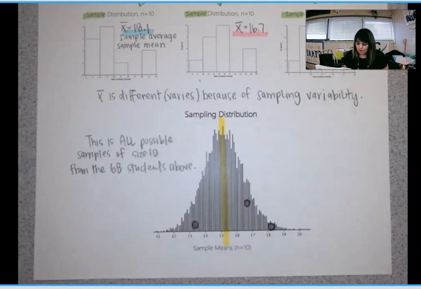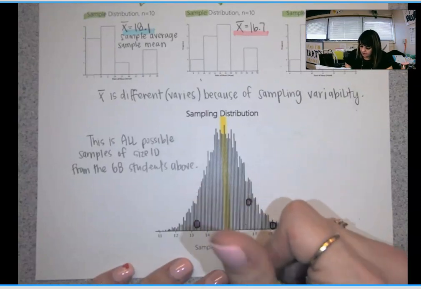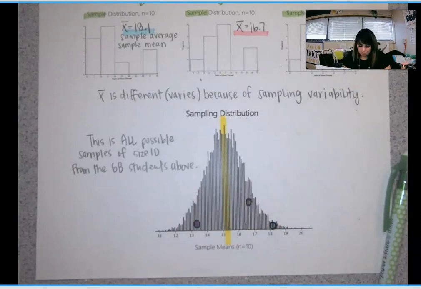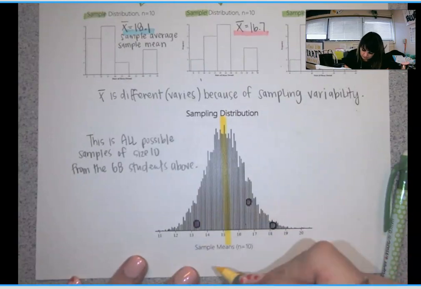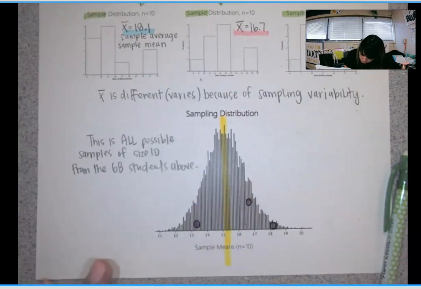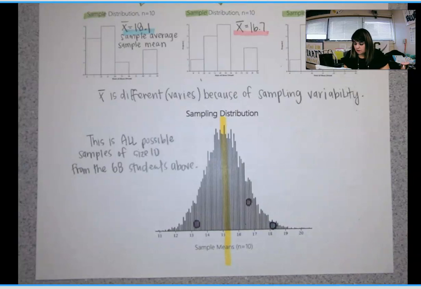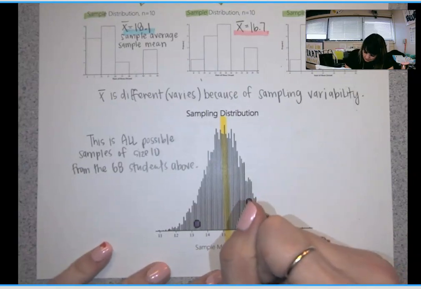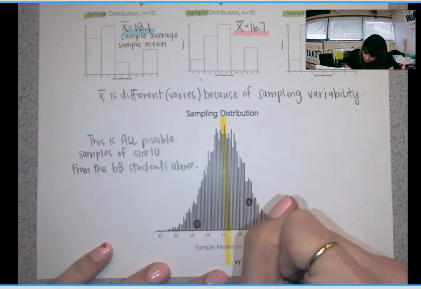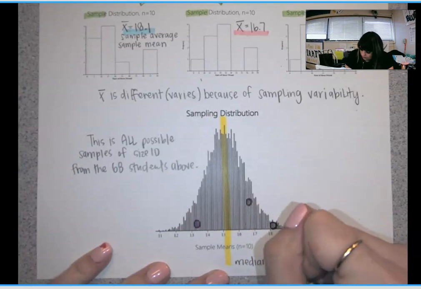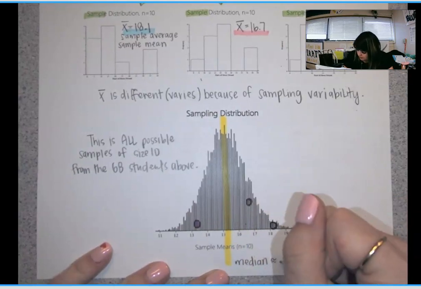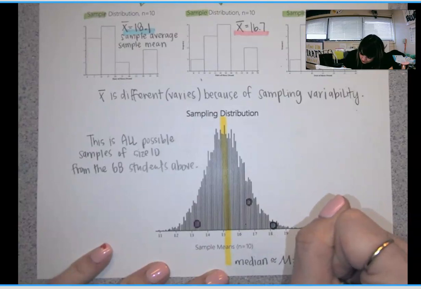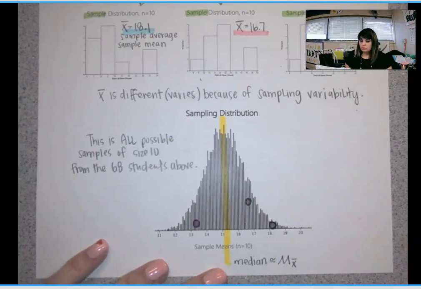So what I'm going to write down here is, I'm going to make that a little bit longer. We can use the median to estimate the average sample value.